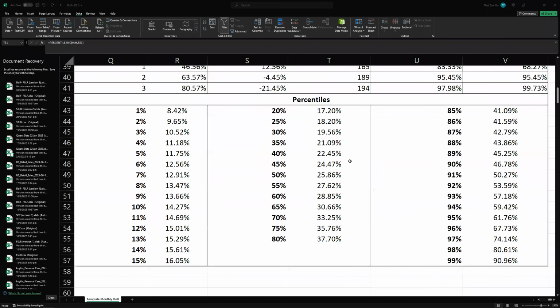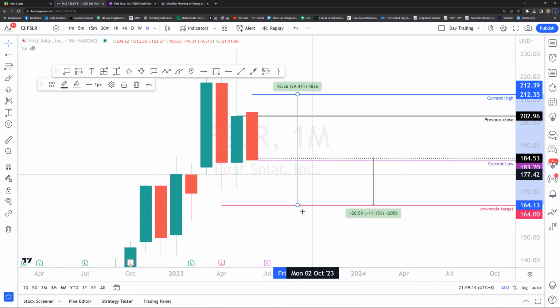So the chance of First Solar hitting the stop loss, which is 29% and higher, is actually about 40%, because this is in the 60th percentile. So 100 minus 60 is 40%. There's a 40% chance that First Solar will actually return 29% or higher, from a high to low perspective.